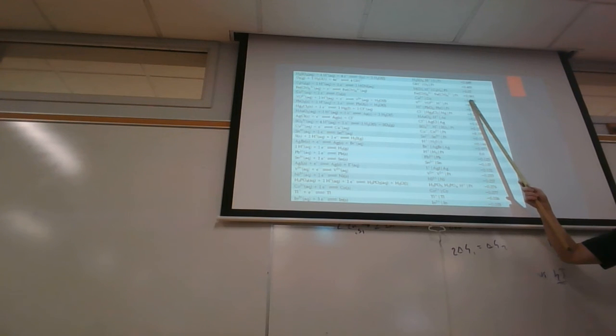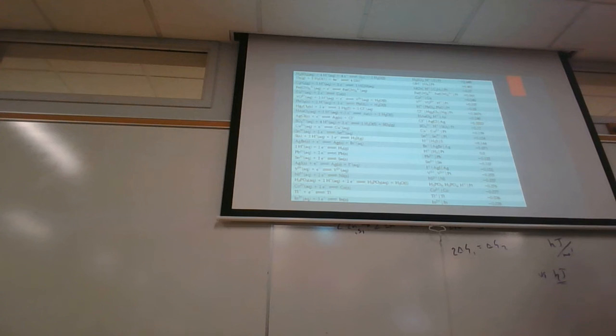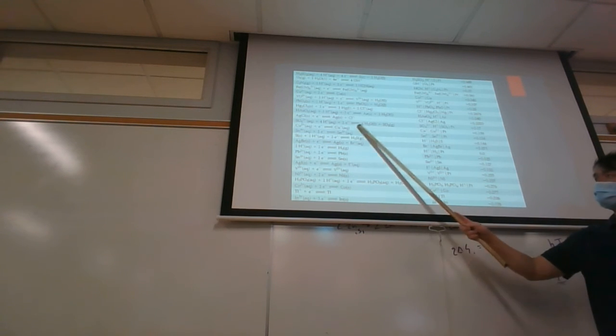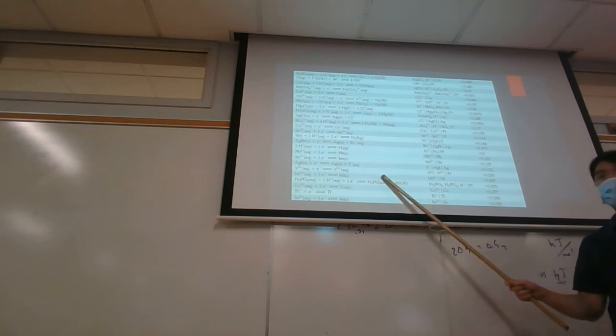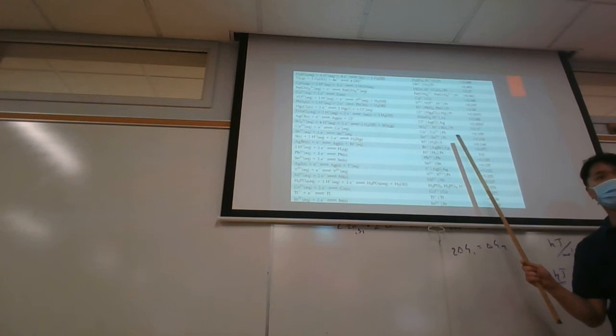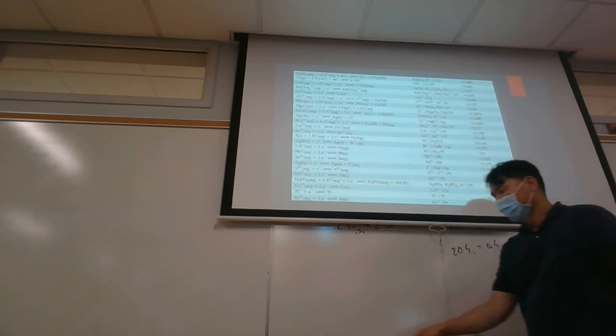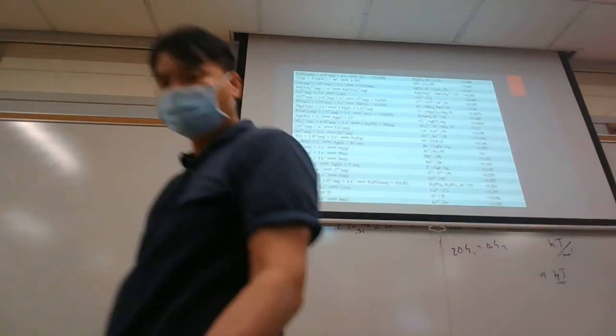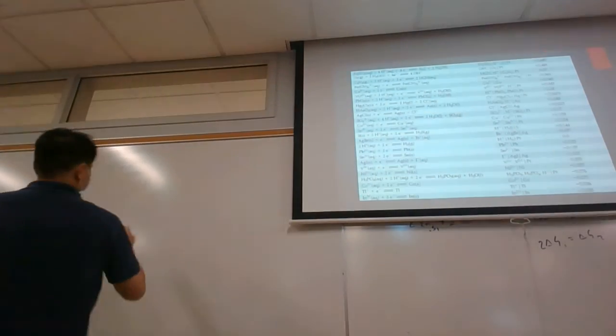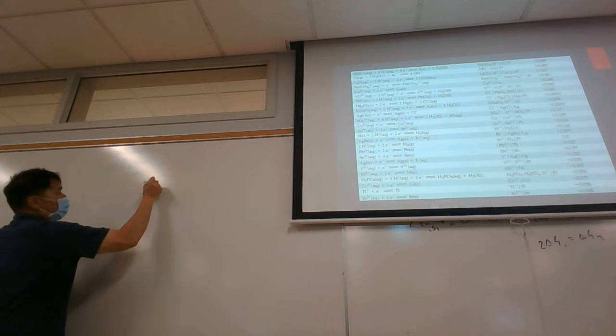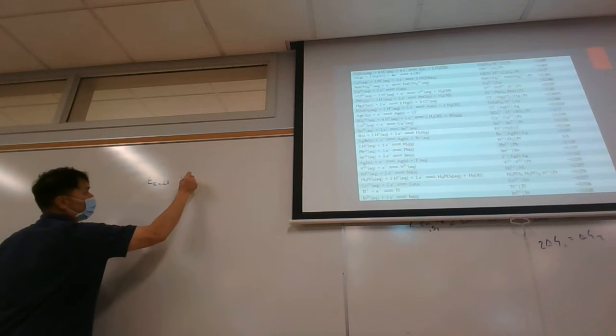The negative cell potential means that there's no driving force. And so we can easily see what's favorable and what's not by seeing if they add up to a positive cell potential, then there's driving force. If they add up to a negative cell potential, there's no driving force. And so the cell potential has an absolute 0.